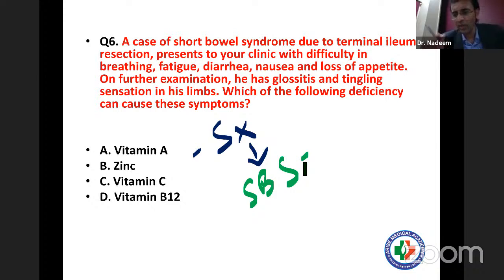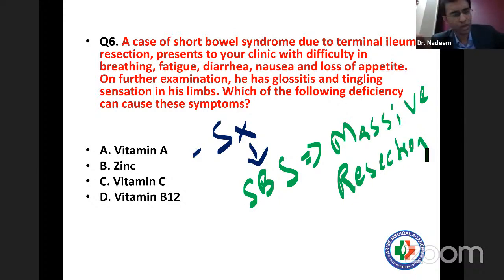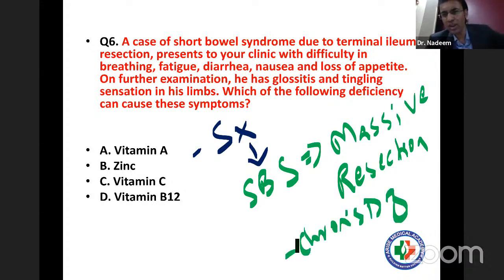Short bowel syndrome means what? Whenever there is massive resection of the small intestine, in any case like mesenteric ischemia, mesenteric infarction, mesenteric injury, Crohn's disease, in any pathology where I have to resect a big part of the small intestine, after that there will be malabsorption for sure.